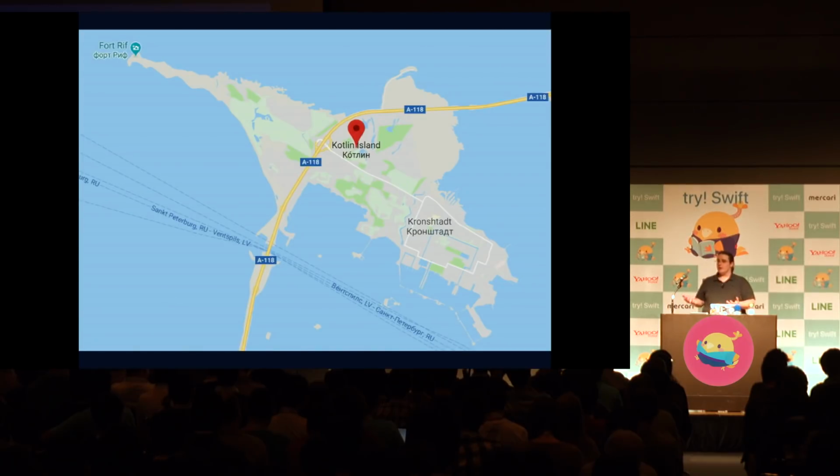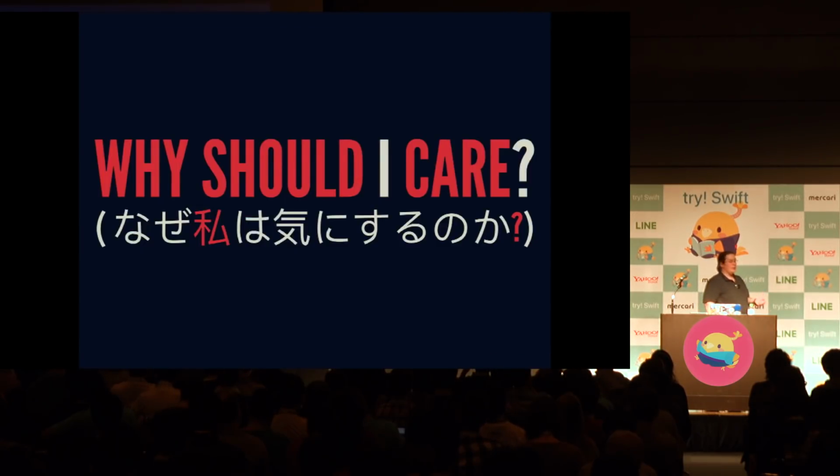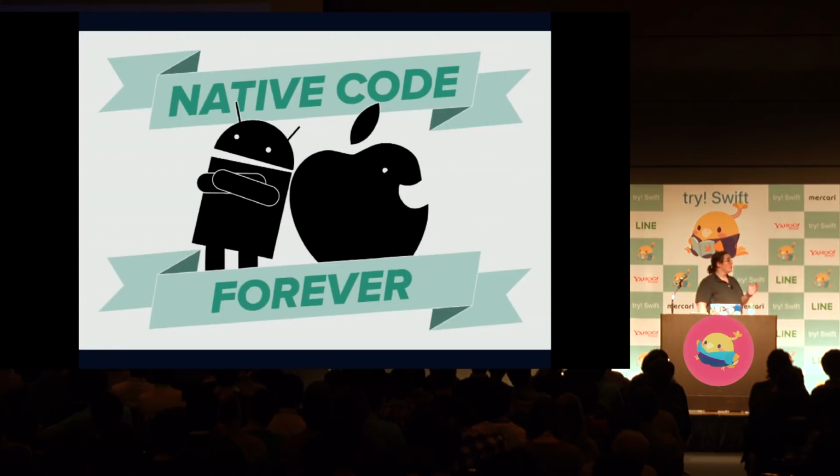So, as a room full of Swift and iOS developers, most of whom are not from St. Petersburg, you are probably asking yourselves, why on earth should I care? What does this have to do with me? One big reason, if you work with a cross-platform team, is that it makes it much easier to communicate with your Android team about the code you're writing and share some basic thoughts, architecture, and logic.